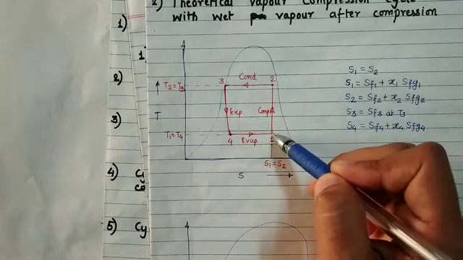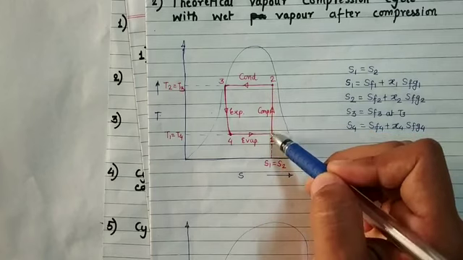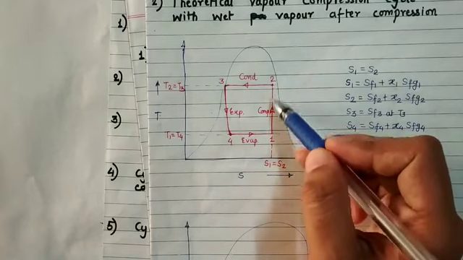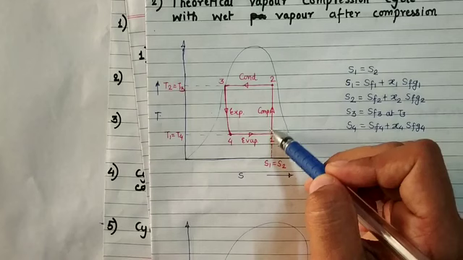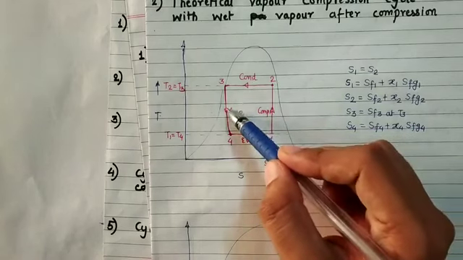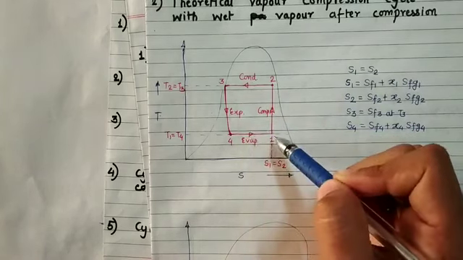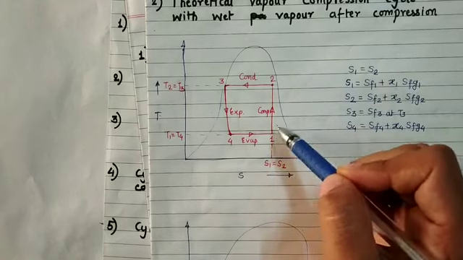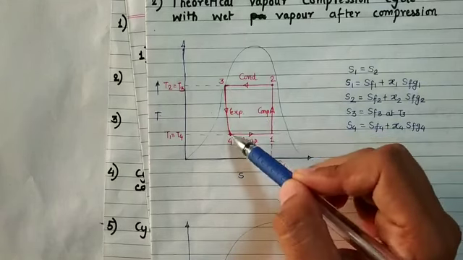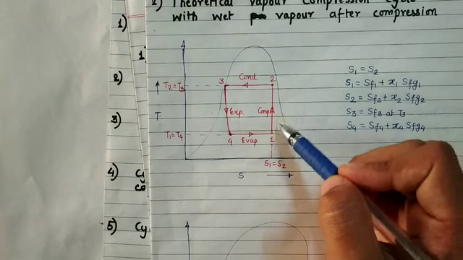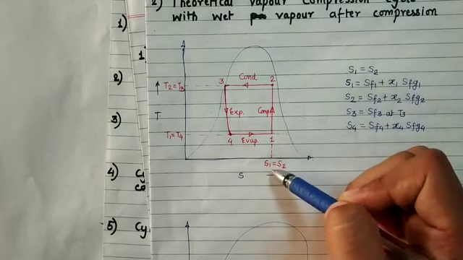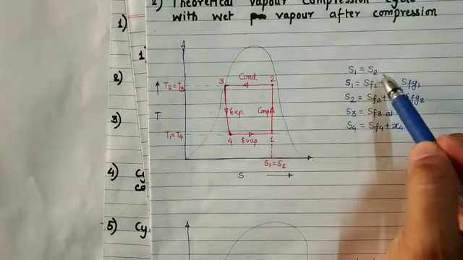So that's why point 1 to 2, as it is isentropic compression, we have drawn a vertical line here. After compression again condensation, expansion and evaporation processes are there. We have used the same notations as 1 to 2, 2 to 3, 3 to 4 and 4 to 1. Again we know that isentropic compression, therefore S1 equals S2.